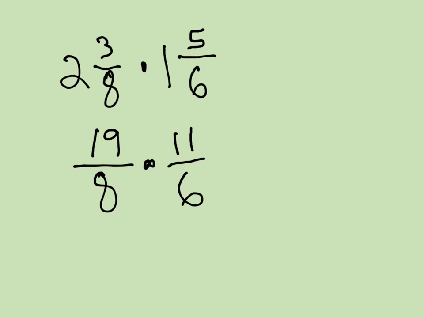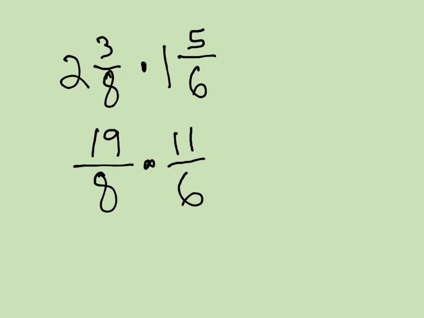And so 19 times 11, now if you have trouble doing that, you can always do it on the side. 19 times 11, well, that's 19, and then 19, and so that's 209. So we can erase that.